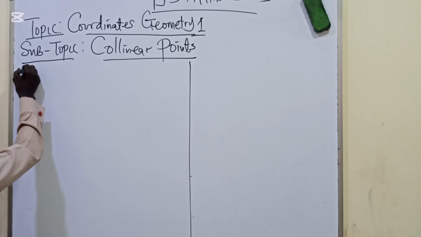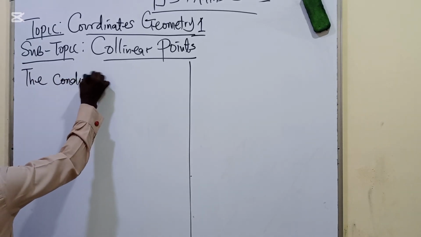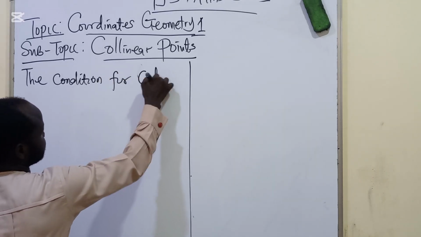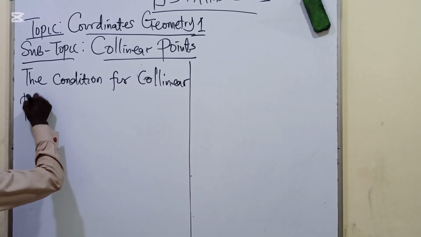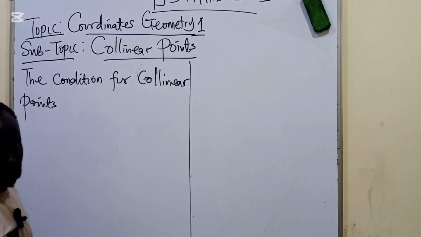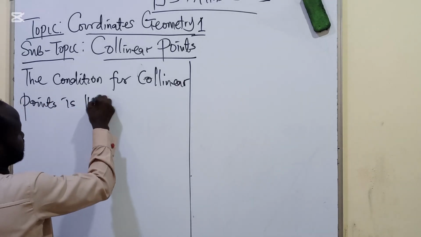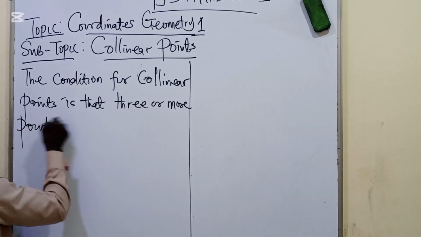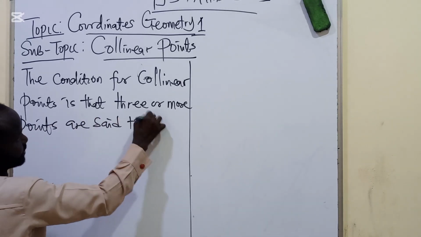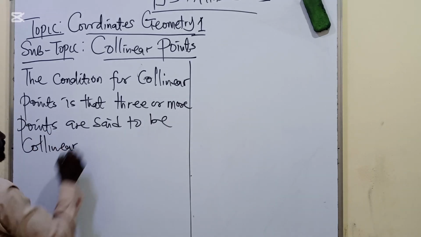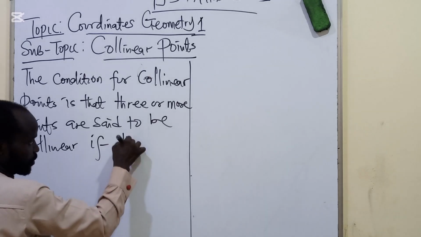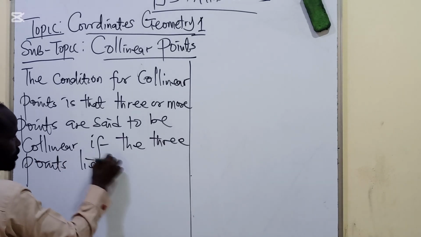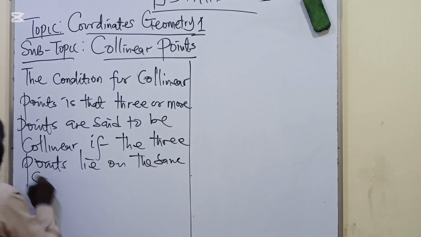The condition for collinear points is that three or more points are said to be collinear if the three points lie on the same straight line.